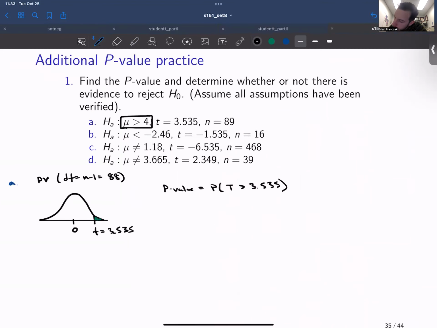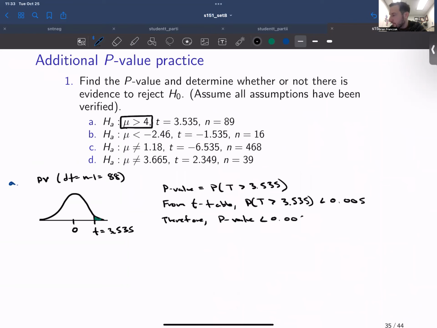So we would say from the t-table, the probability that t is greater than 3.535 is less than 0.005. Therefore the p-value is less than 0.005.